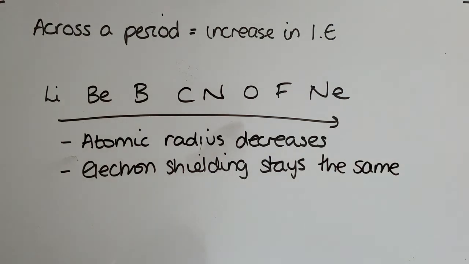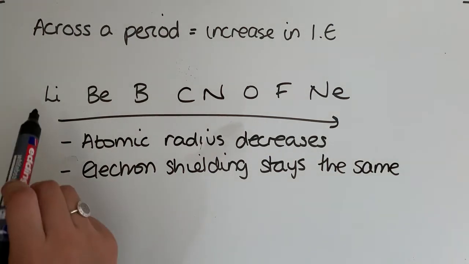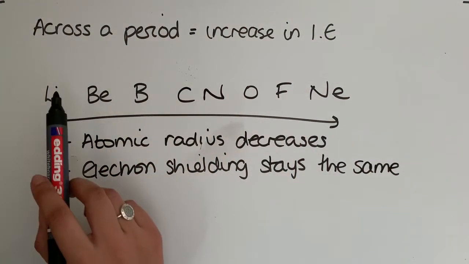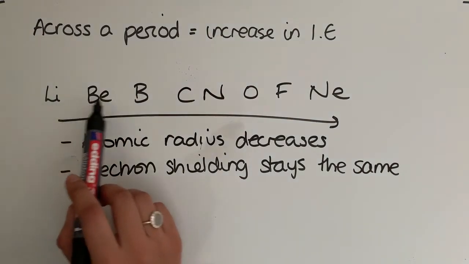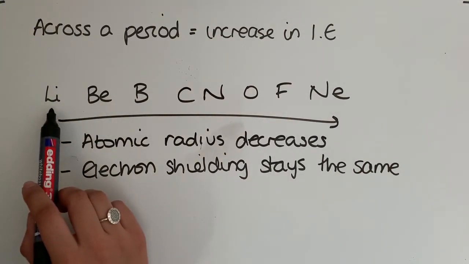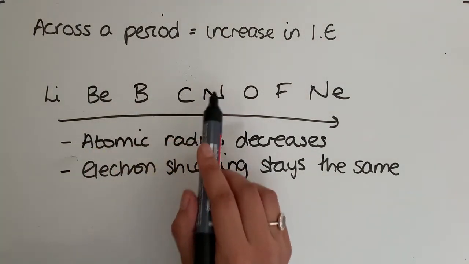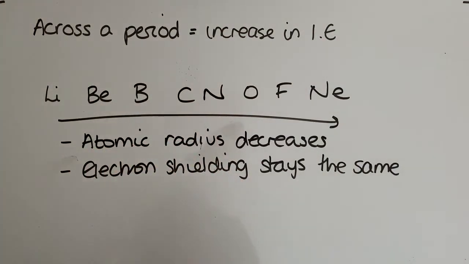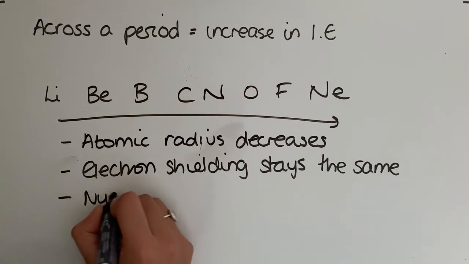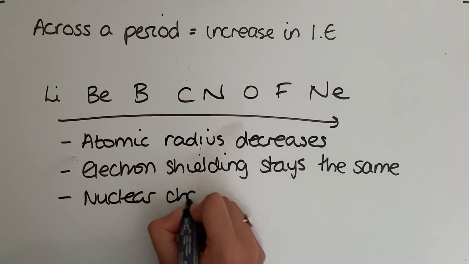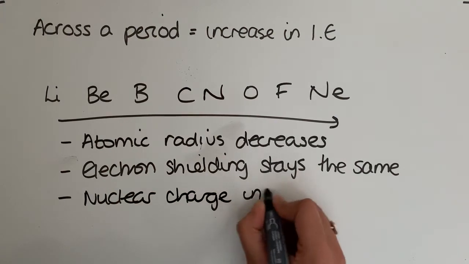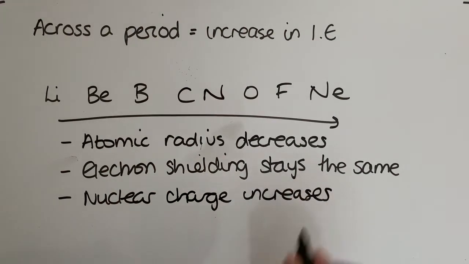As we're going across the period, the electrons are being added to the same shell, but the proton number is increasing. Lithium has a proton number of 3, 4, 5, 6, 7. So the number of protons is increasing, so the nuclear charge increases across the period.